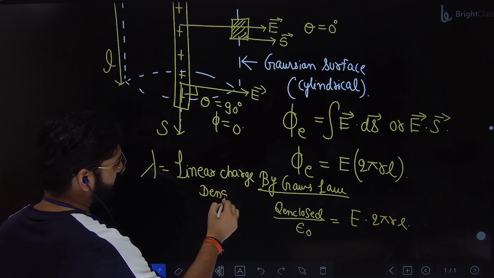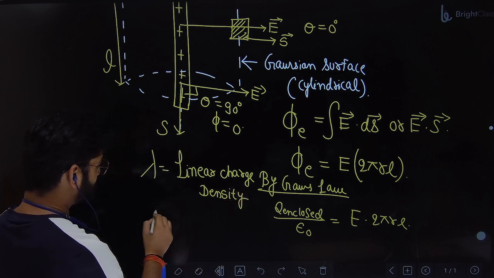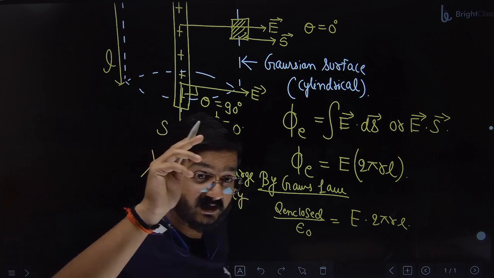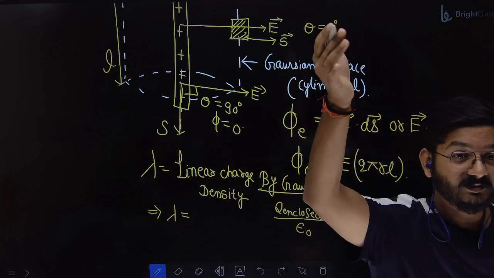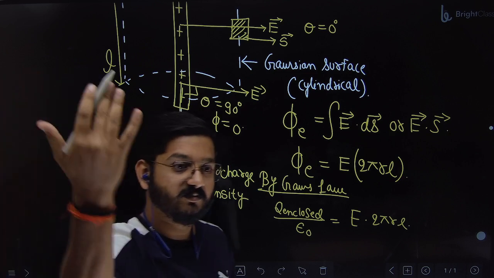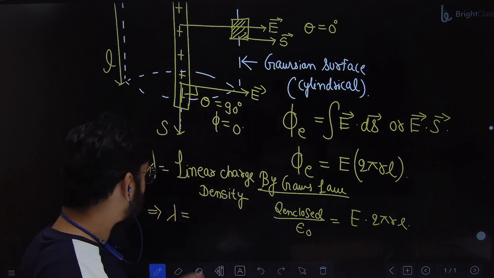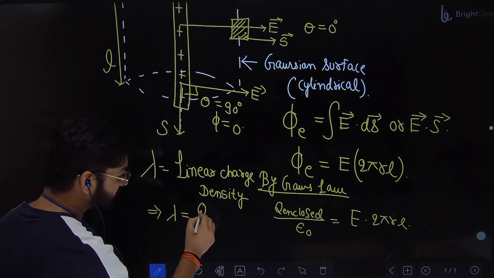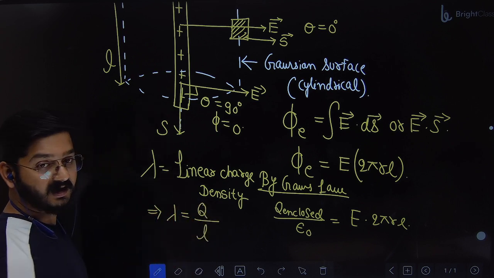Remember, in moment of inertia, we had mass per unit length, mass per unit area, mass per unit volume. Here, instead of mass, it will be charge. So lambda is the linear charge density, which is charge per unit length.